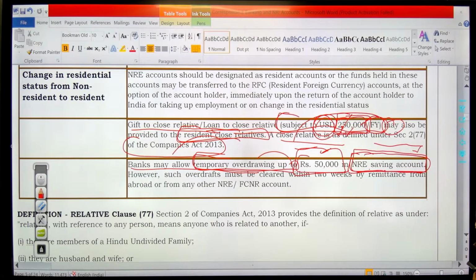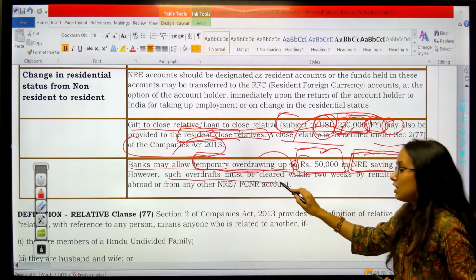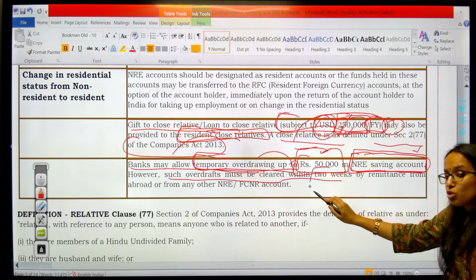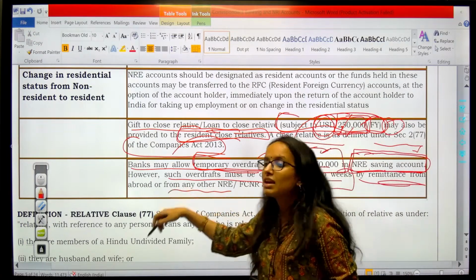However, such overdrafts must be cleared within 2 weeks by remittance from abroad or from any other NRE account.